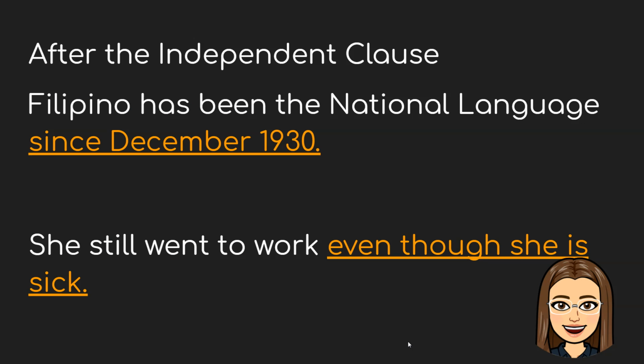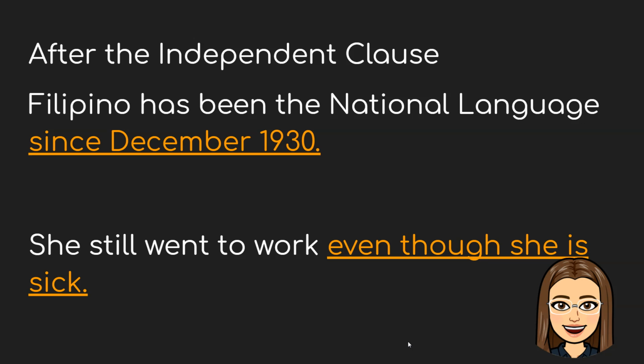Now let's have subordinating conjunctions after the independent clause. Example number 1. Filipino has been the national language since December 1930. Example number 2. She still went to work even though she is sick.